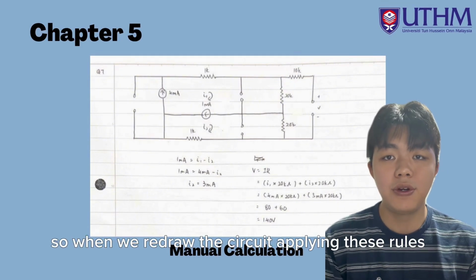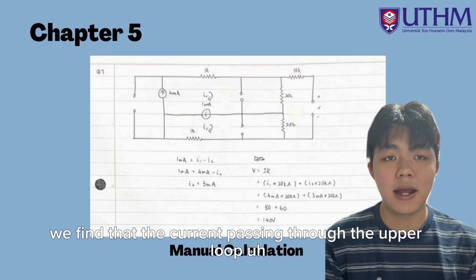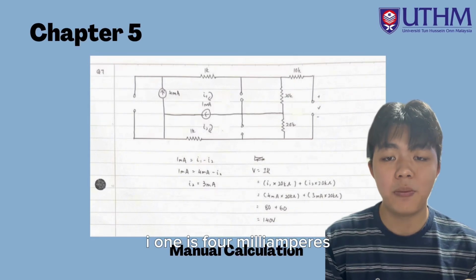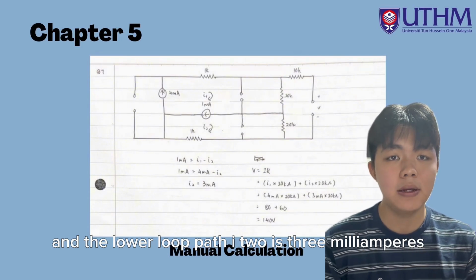So when we redraw the circuit applying these rules, we find that the current passing through the upper loop I1 is 4 milliampere and the lower loop path I2 is 3 milliampere.